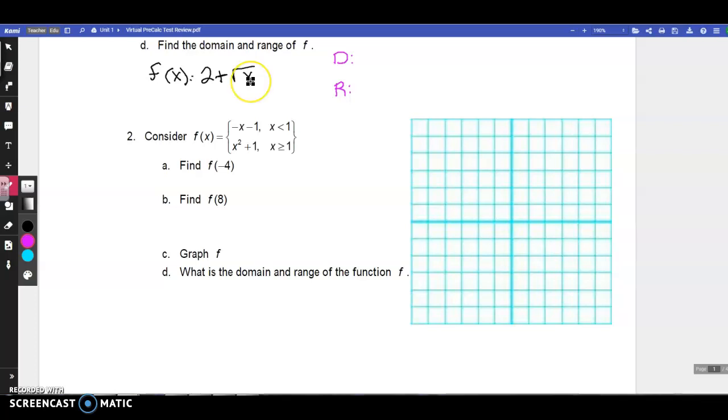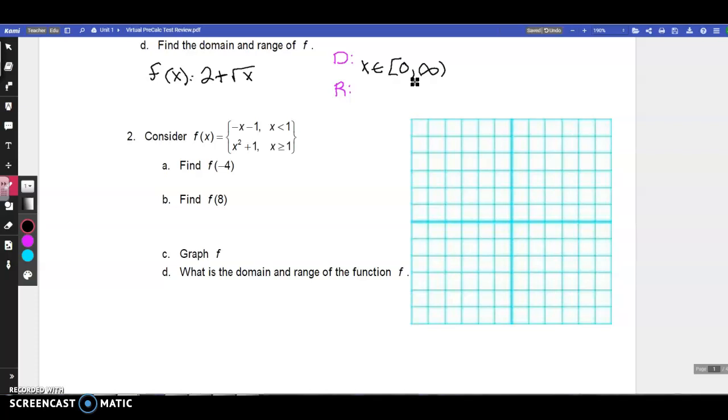Yeah, 0 is fine, because the square root of 0 is 0. Positive numbers are excellent too. So your domain is 0 or positive numbers. Then you just have to remember how to write that: all the x values with 0 included, so we use a bracket, and all the positive numbers forever, so 0 to infinity.